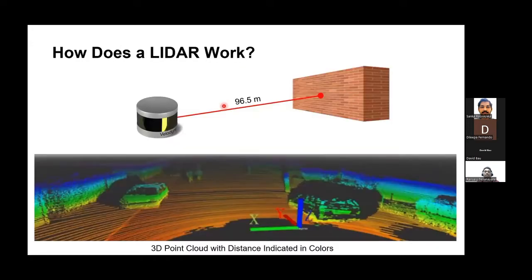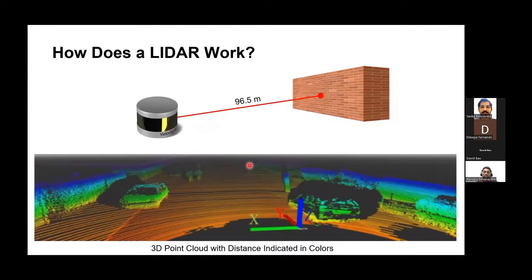So how does the LiDAR work? It shoots a laser beam and it reflects back so that you can measure the distance using time of flight. It's not just a single beam. In many LiDARs, you have multiple beams, for instance 64 beams rotating around so that you can scan your entire environment, for around a 100-meter radius.